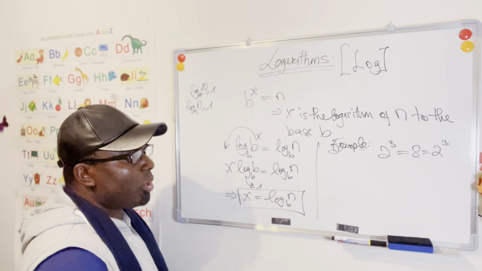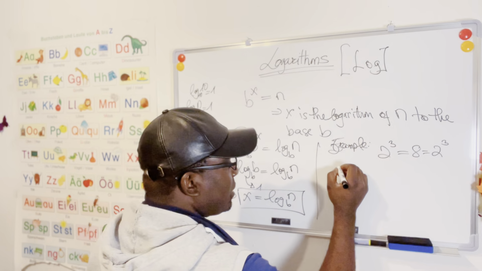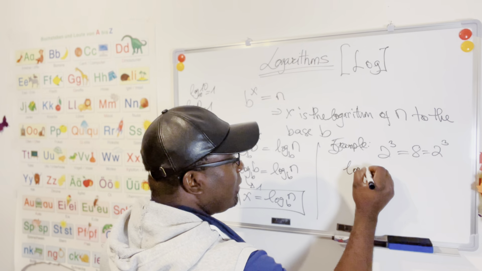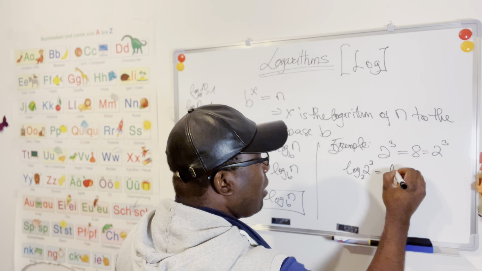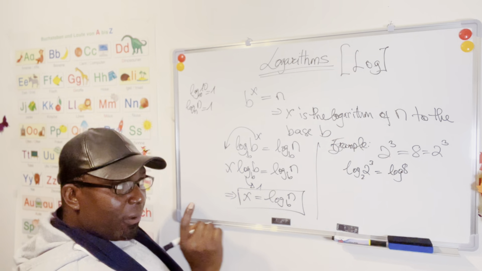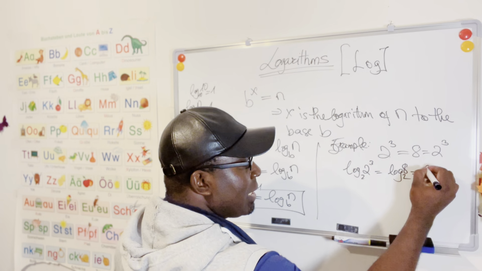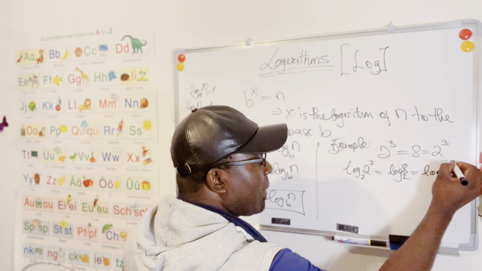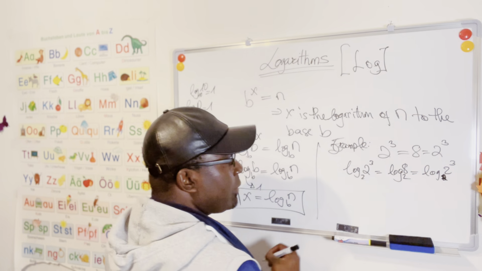Okay, good. So if we take the log of both sides, log to the base 2 of both sides, we say the log of 2 to the power 3 base 2 will be equal to the log of 8. But do not forget that 8 can still be written as 2 to the power 3, so the log of 2 to the power 3 to the base 2.